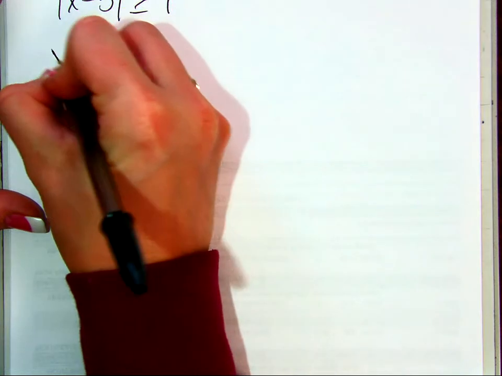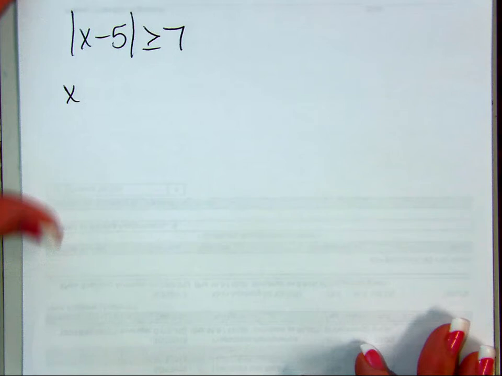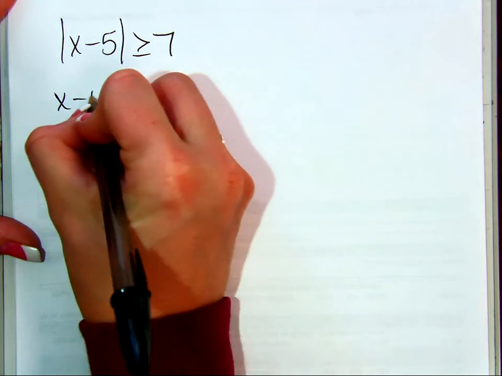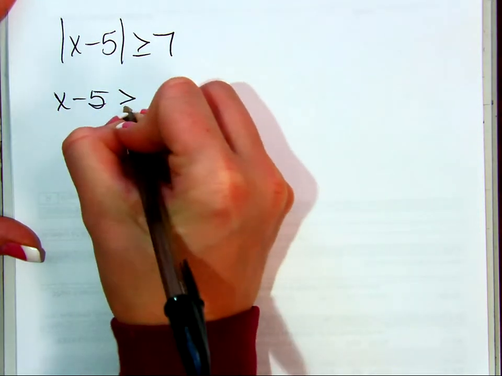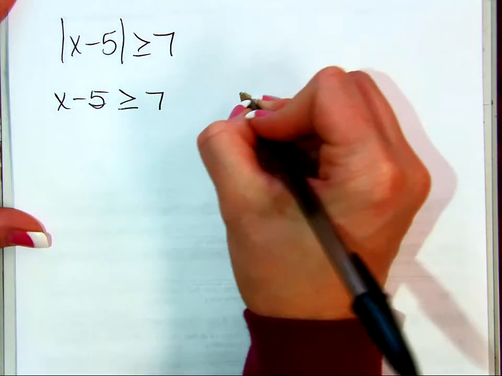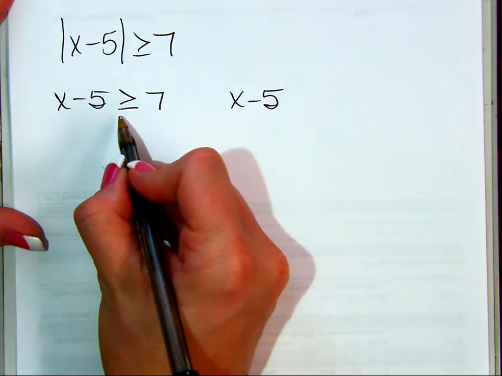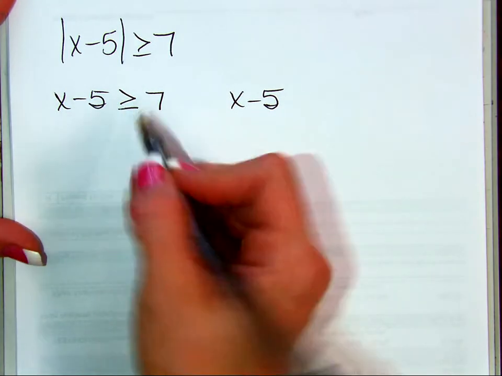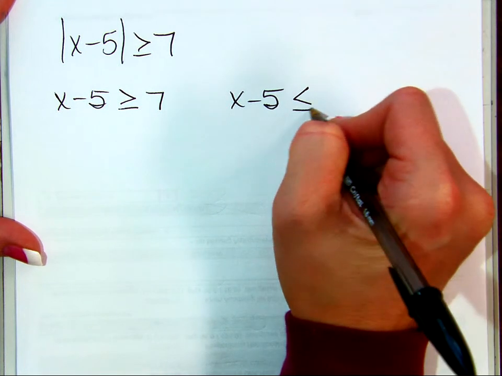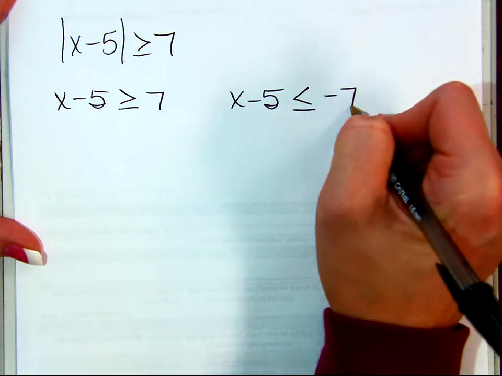Because you're looking at this thinking, all right, I know that, oh, sorry. X minus 5 could be greater than or equal to positive 7. Or X minus 5 could be what? Not greater than or equal to positive 7, but less than or equal to negative 7. That's it.